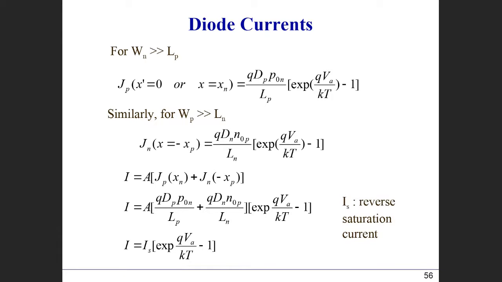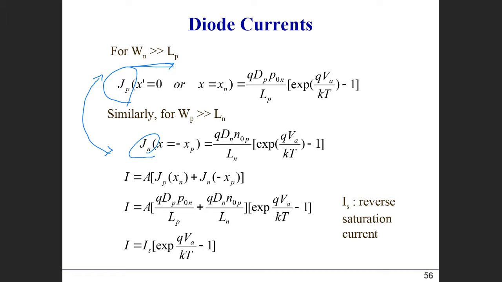So if we apply that, for this particular case, Wn is much larger than the LP, which we expect to follow that exponential decaying. Then you have Jp and Jn, so you get this one. In here, especially, we apply the location.